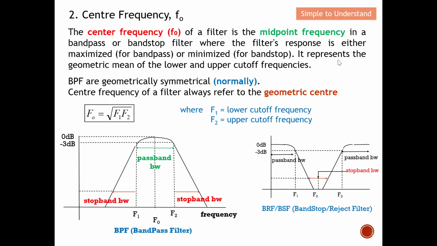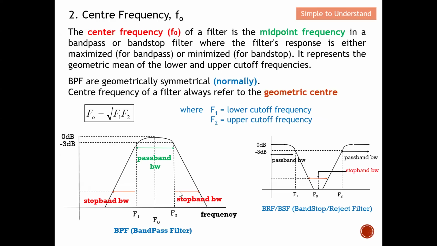So it represents the geometric mean of the lower and upper cutoff frequency. As you can see from here, most of the time, for example, for the bandpass filter, they are geometrically symmetric. So what does this mean? For example, when I fold this into two, you can see that they are exactly the same.